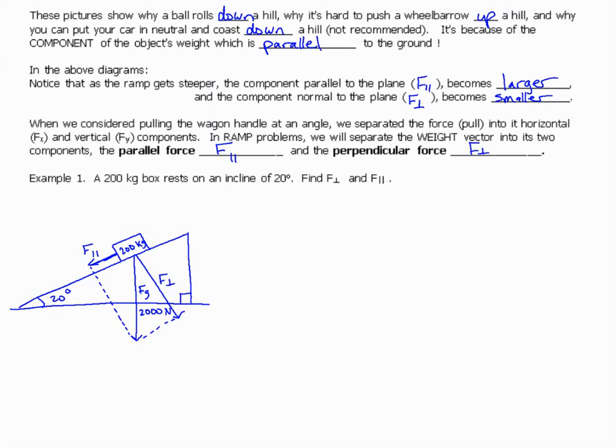Okay, so what we have here, let me change color so we can see a little better. This is a right triangle. And we know the hypotenuse of this right triangle, which is 2,000 newtons. Find the force perpendicular and find the force parallel.